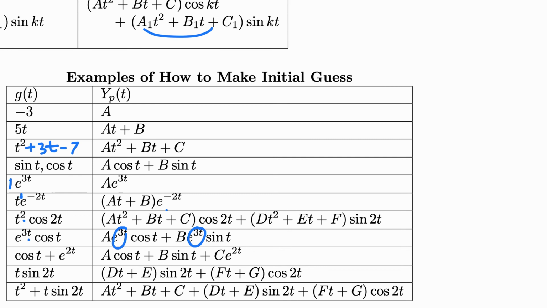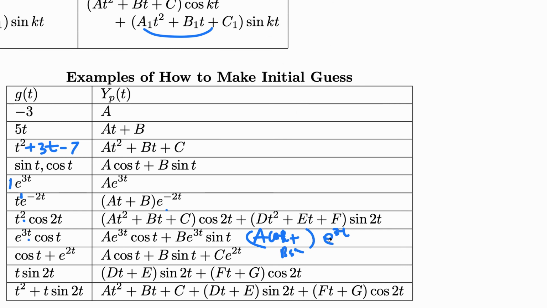Or we can write this in this way. Because e to the 3t is the same thing, and here is cosine, so we write a cosine t plus b sine t, all times e to the 3t. This is in expanded form. We could have factored e to the 3t out.